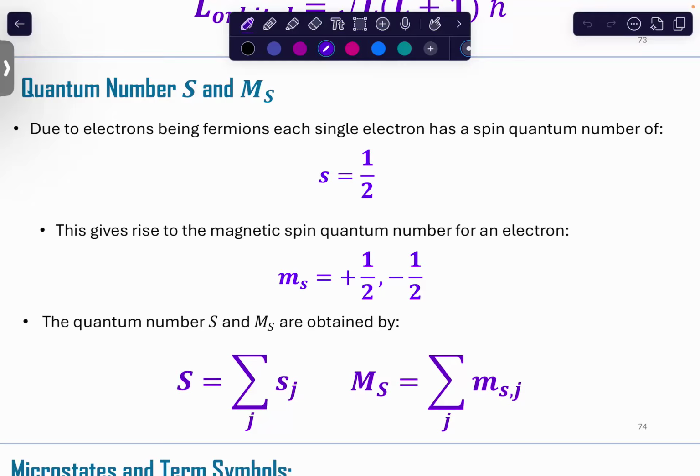And this is a little more abstract, these term symbols, so we'll just try to work through them. More than anything, just working through the microstate tables gives you a better idea of how all these numbers work.